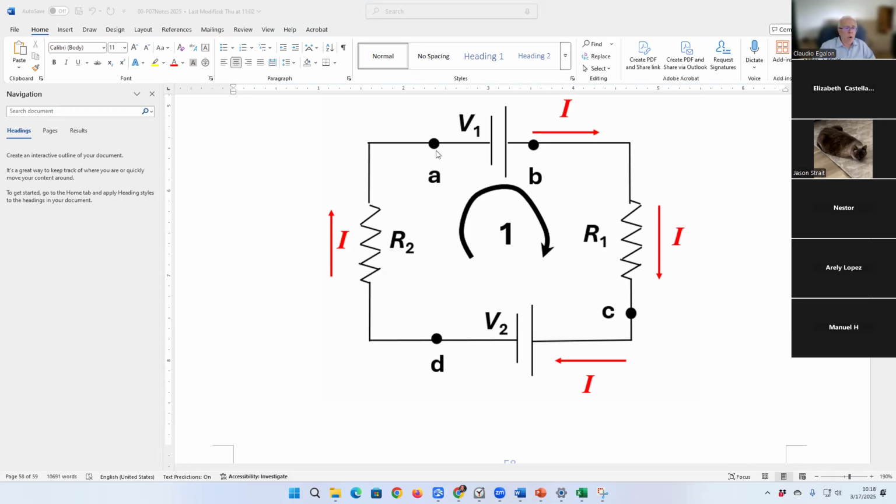Here you go. We are going from point A to point B. What happens? We are going from a region of negative electric potential to another region of positive electric potential. We are increasing in electric potential. That's what it means.